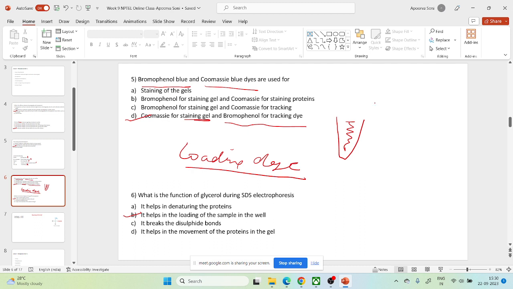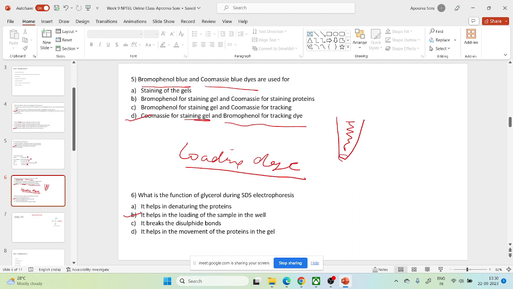That's why you have a loading dye. That means you have a dye along with your glycerol, maybe blue or purple in color, so that when you're mixing it with DNA and adding it into the well, you know that okay, my DNA got into the well now. So you should always mix the Eppendorf of the loading dye and then only take out the loading dye for your mixture.